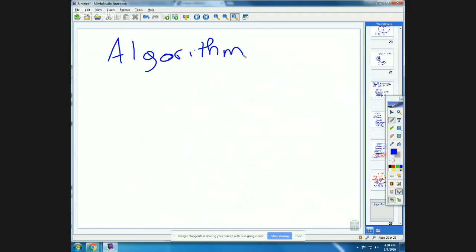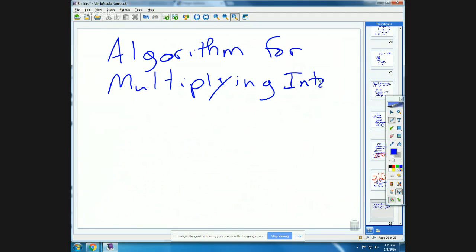Algorithm. There we go. Multiplying integers. What's another word for algorithm? Rules.